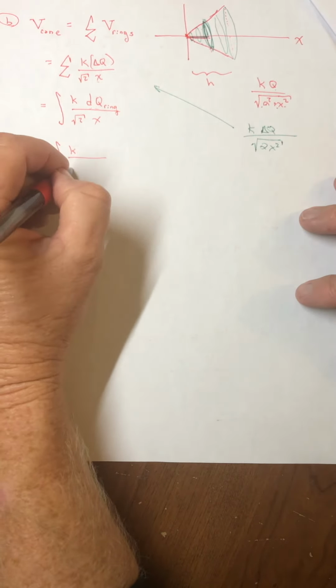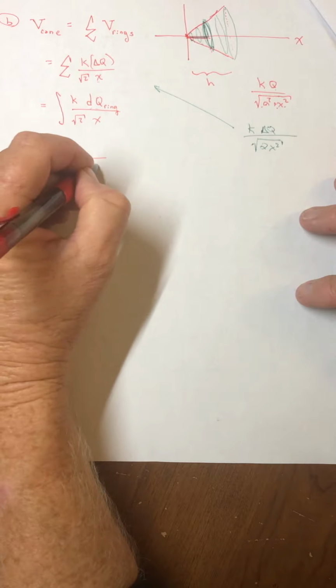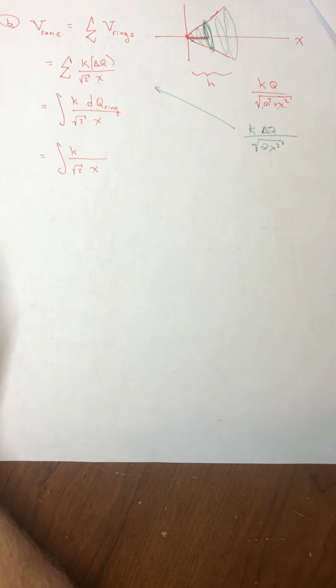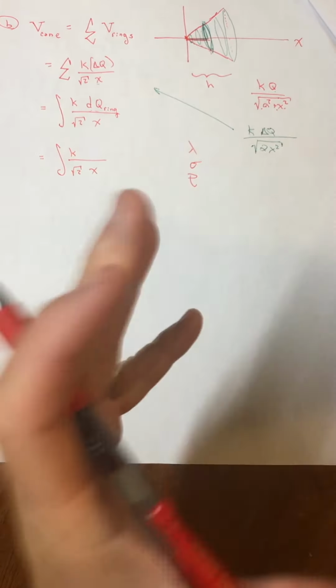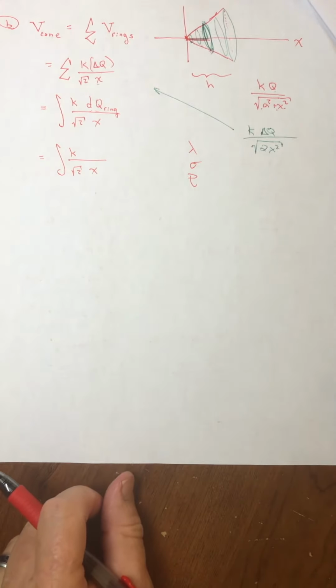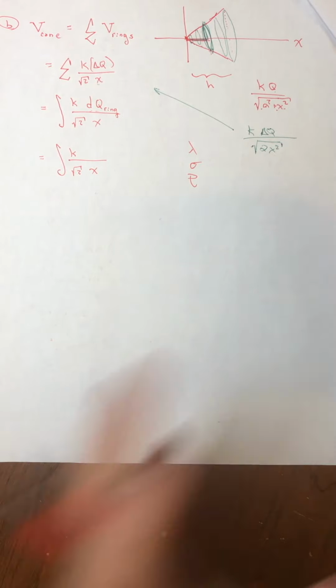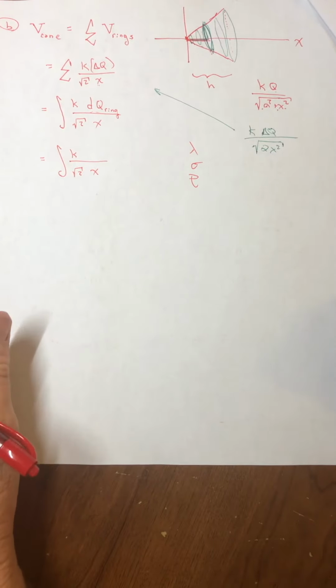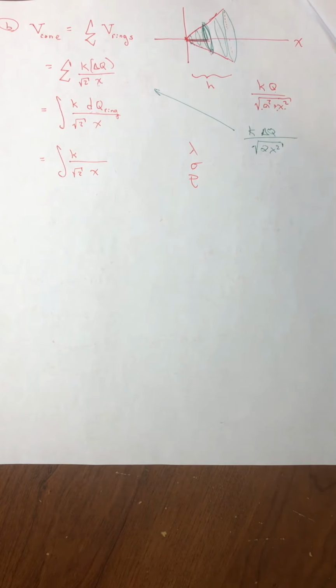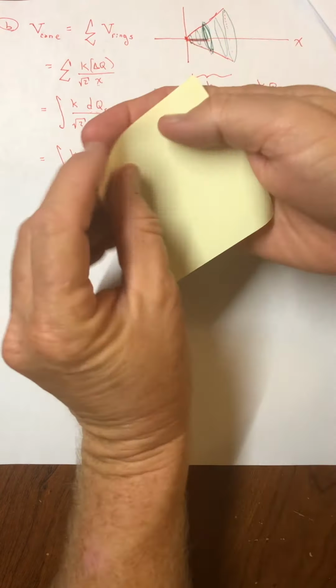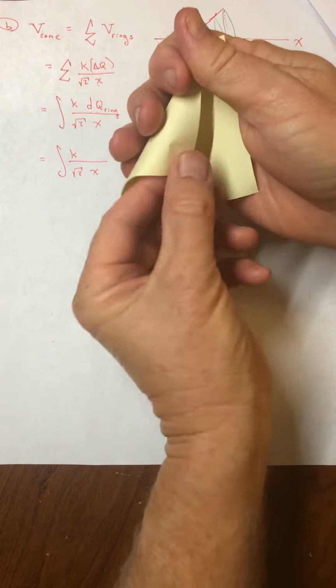And so the game that we played on more than one equation was to say, let's look at charge density. We had things like lambda for things in a straight line, sigma for things on a surface, and rho for things in a volume. In this case, since it's a cone, and the charge is spread out, maybe I should even make a cone here.